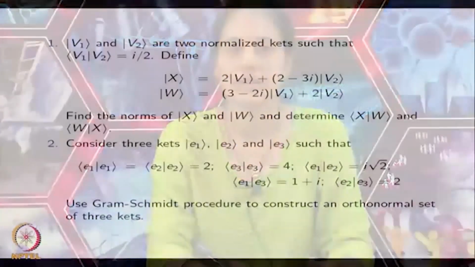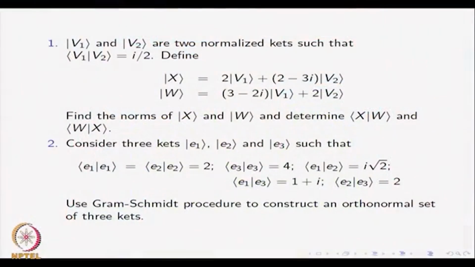So now we will start with the third tutorial, in which you have a few problems based on linear vector space. Let us start doing the first problem. These are all more math oriented problems where you have to solve a few steps.